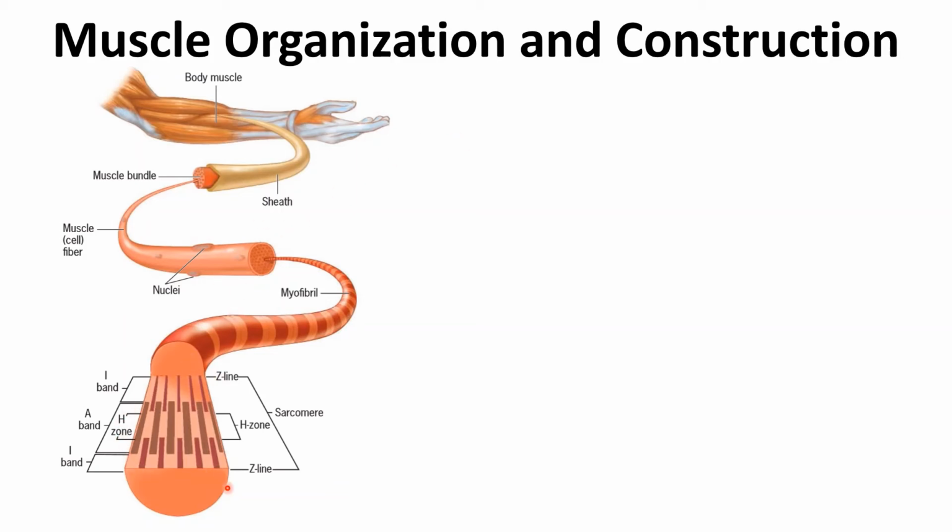So here we can see a muscle fiber, which is actually a muscle cell composed of myofibrils, which in themselves are striped, and the stripe pattern is actually the sarcomere of that myofibril. Okay, and the sarcomere consists of these thick lines in the center, which are the myosin, and then these thinner lines on the sides, which are the actin.